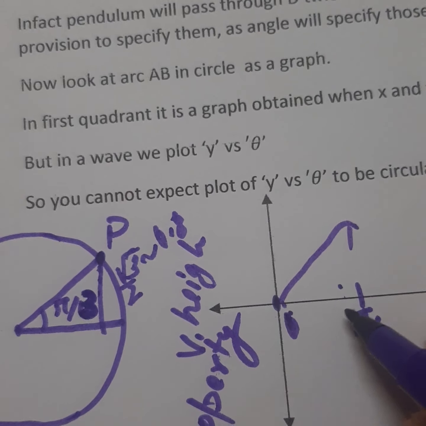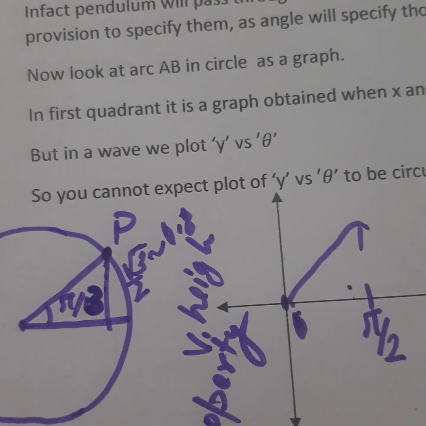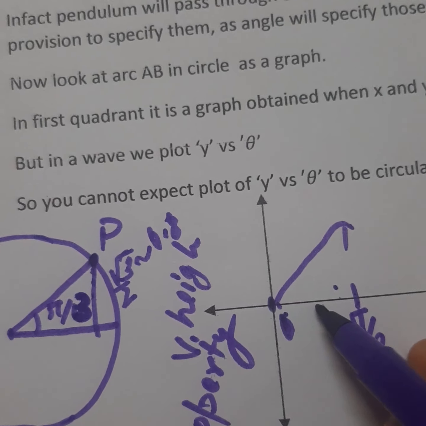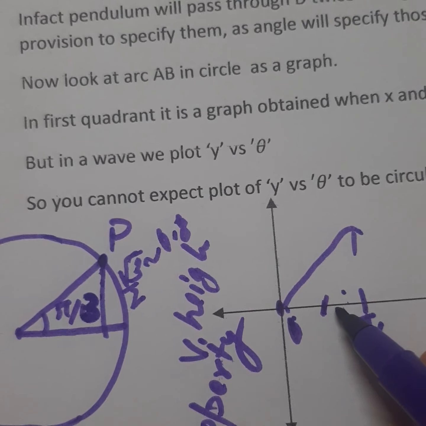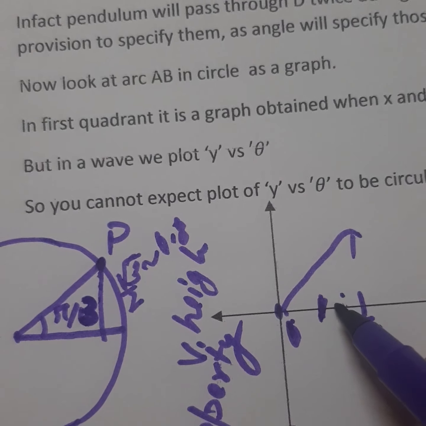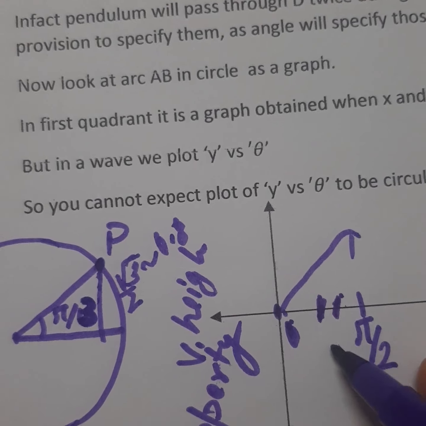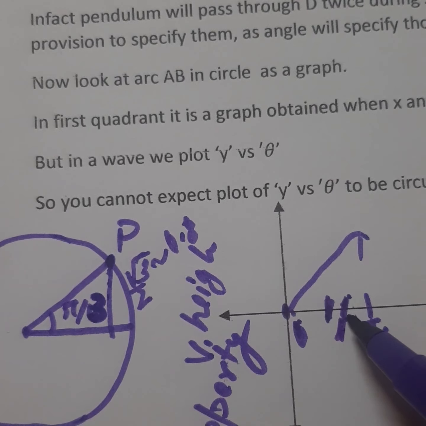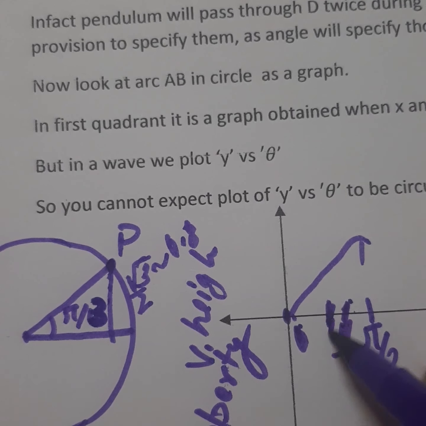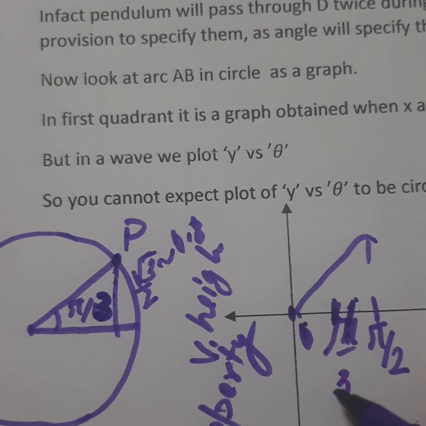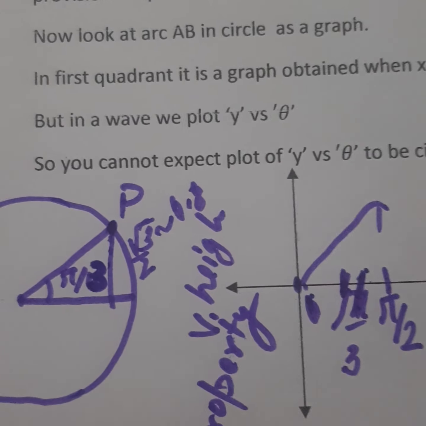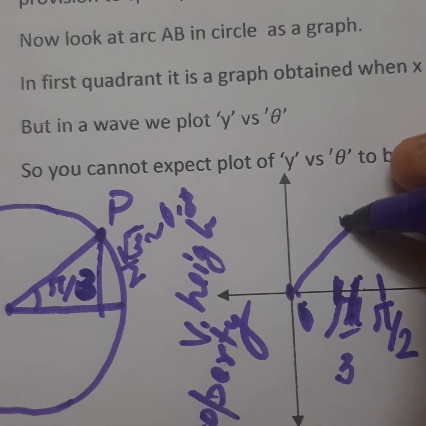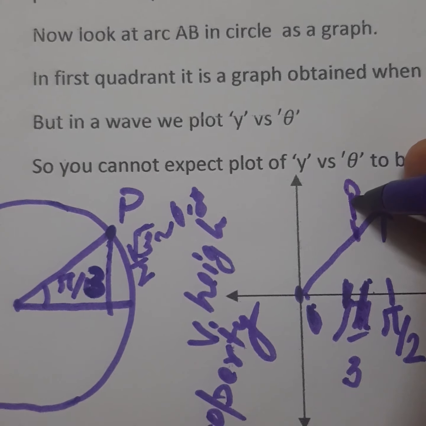And from 0 to pi by 2 we have to use a proper scale to locate 60 here. So this is going to be pi by 4, and somewhere here it would be your pi by 3. Sorry, I'm very messy here. So that means point P is here.